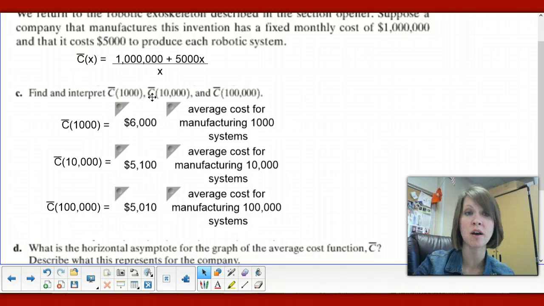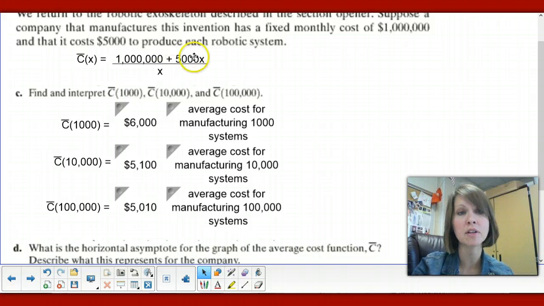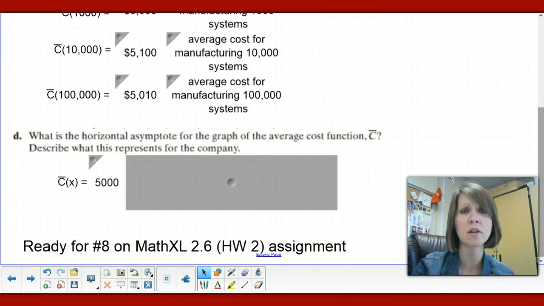Is it balanced or not? So we have 5,000x over x. Balanced degree, x to the first over x to the first. So it's that ratio of 5,000 over 1, which gets us that horizontal asymptote of y equals 5,000.